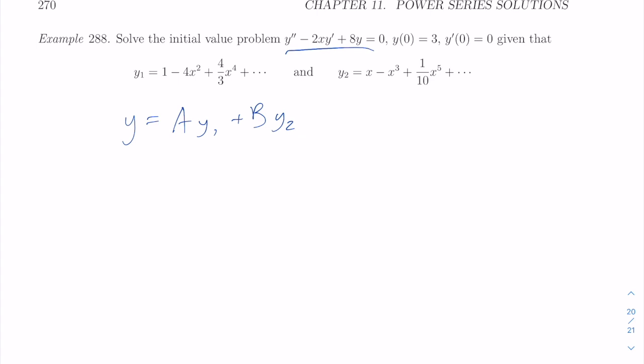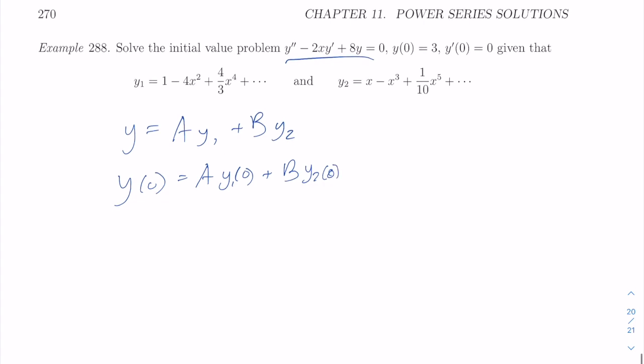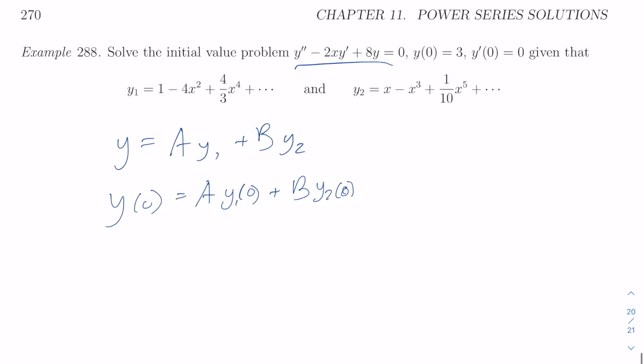So, what do I know? Well, I know that y of 0 is what? So, a times y1 of 0 plus b times y2 of 0. Now here's where 0 really helps, okay? Like if it was y of 2, then we would be, let's just say, very unhappy.